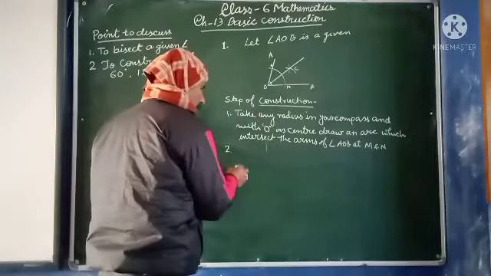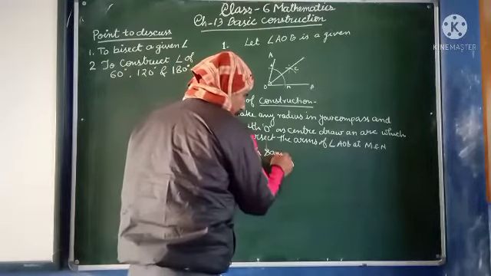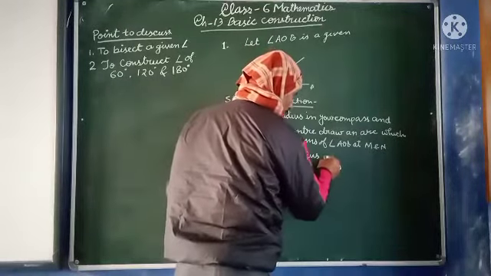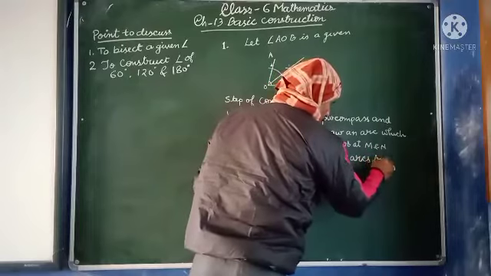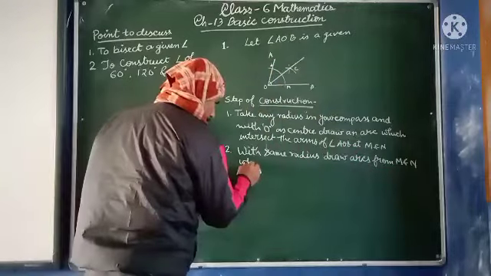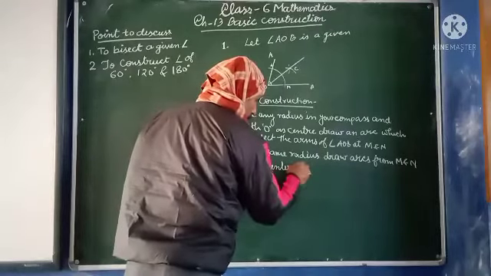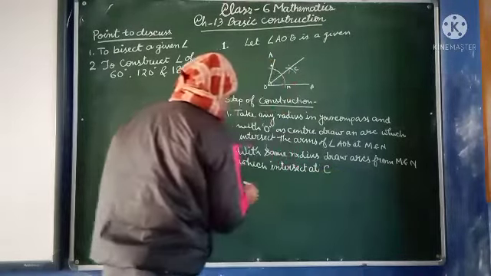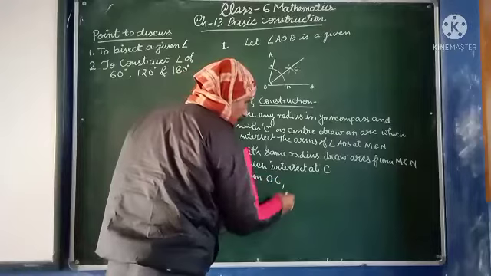So in the second step, with the same radius, draw arcs from M and N which intersect at C. Then join OC.